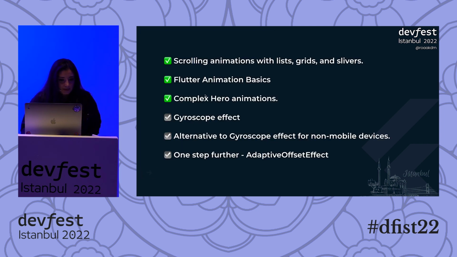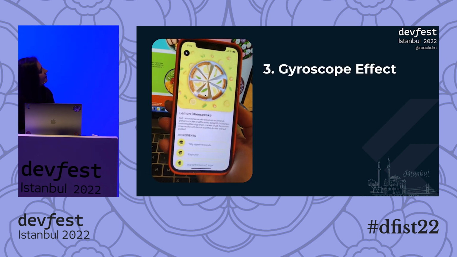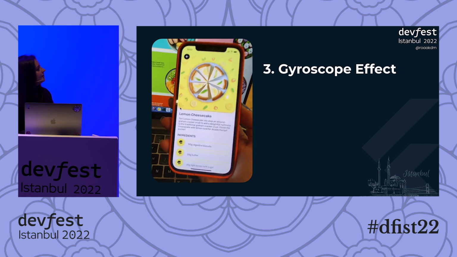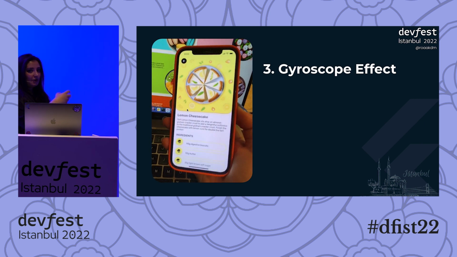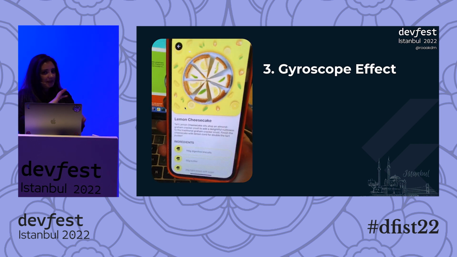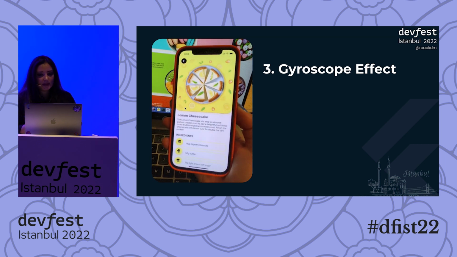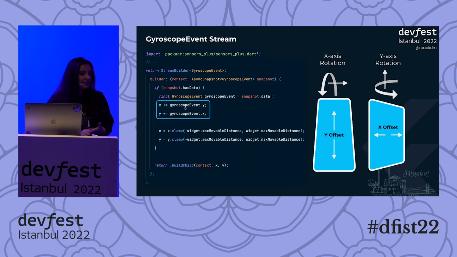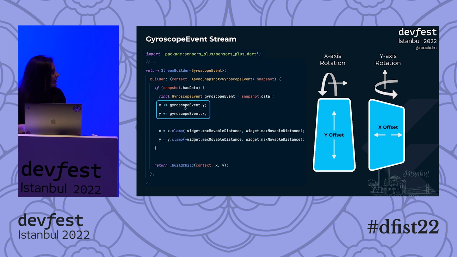Now, time for the gyroscope effect. I'm not sure if it's clear. Okay, you see the shadow of the pattern? It's moving according to the angle of the gyroscope, and it gives it a 3D look, and we will see how we can implement that using a package. It's the Sensors Plus package. It also has other events that you can listen to, like the accelerometer of the device, and it works pretty well.